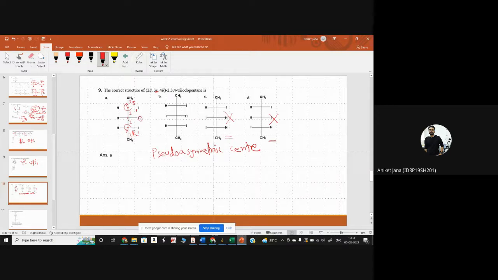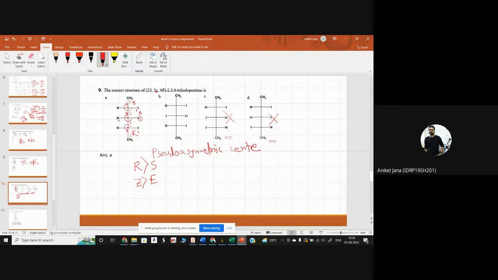Then which one, this one R or this one? R, because R precedes S and Z precedes E. Always when there is R or S, we have to choose the priority. R is greater than S. So here it is small s, right?